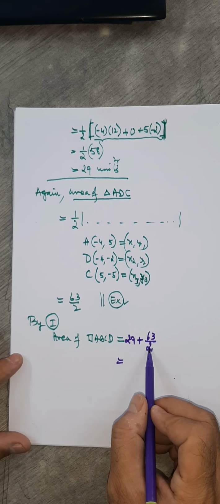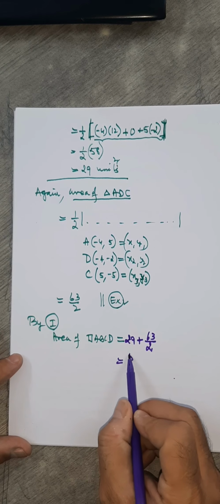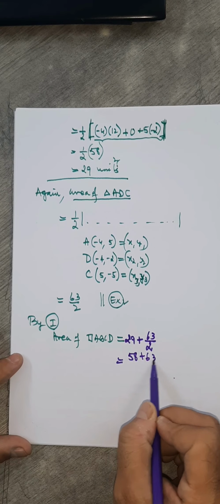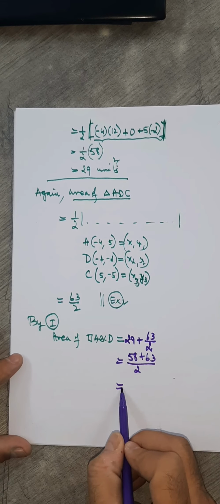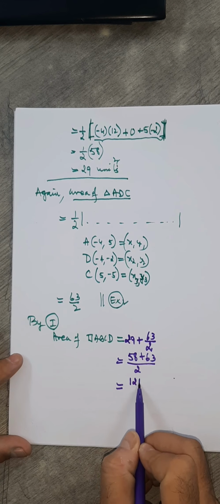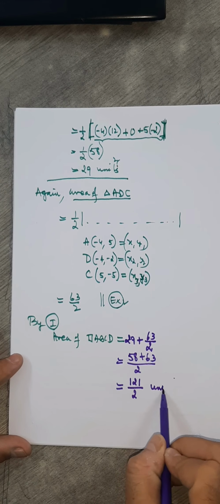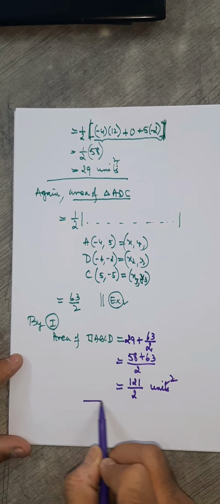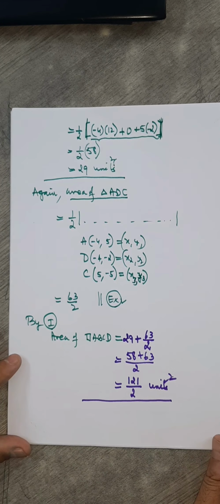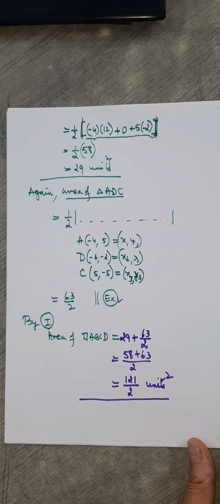So if you multiply with this 2, 58 plus 63 by 2, we finally get 121 by 2 units square. That's the required area. We have used triangulation. That is important here. We have divided it into two triangles and got the area.